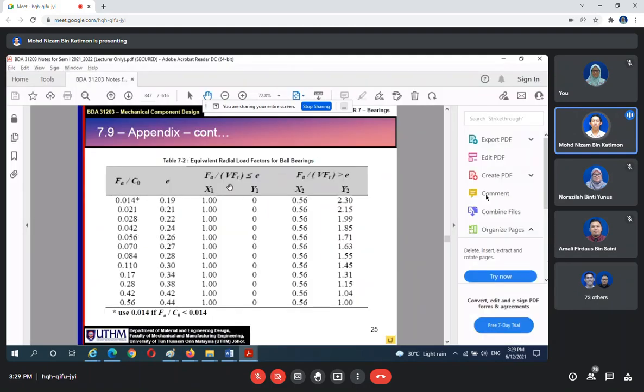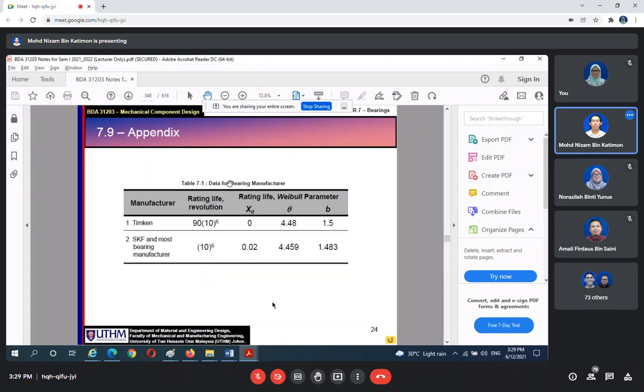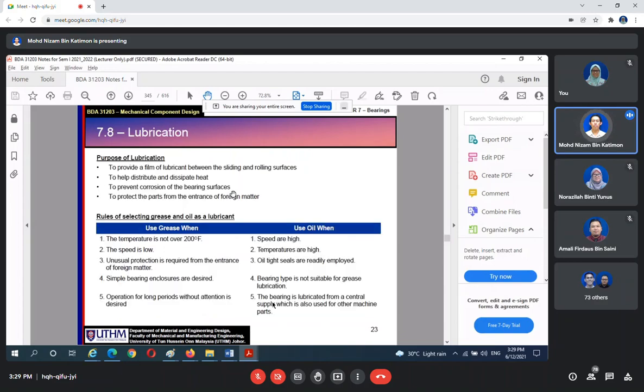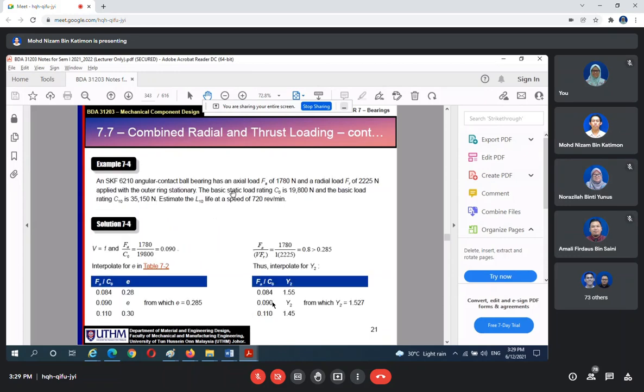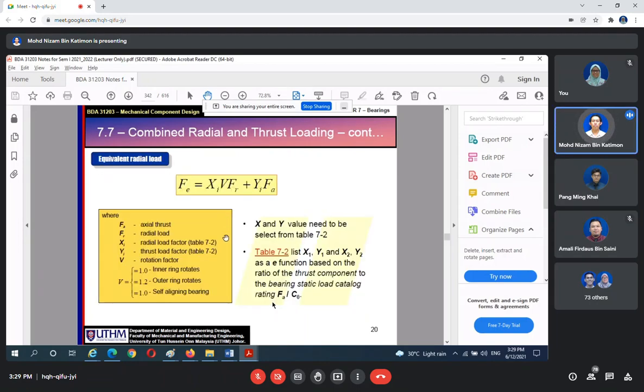What is V in our case? I also forgot. It is the rotation factor. Which page number?